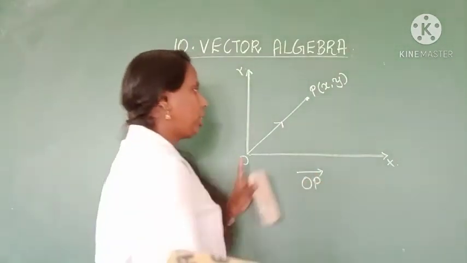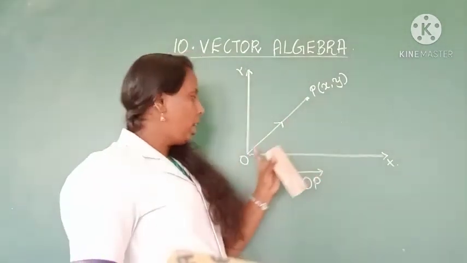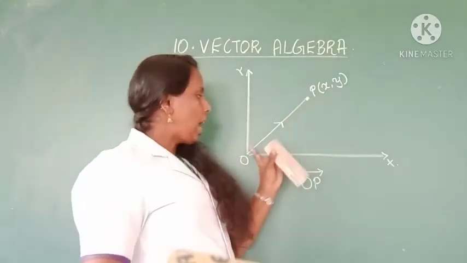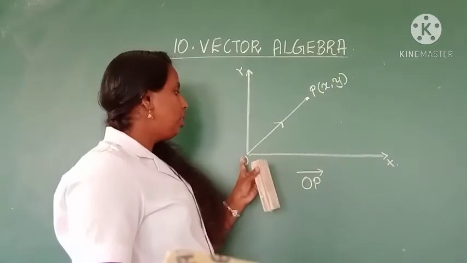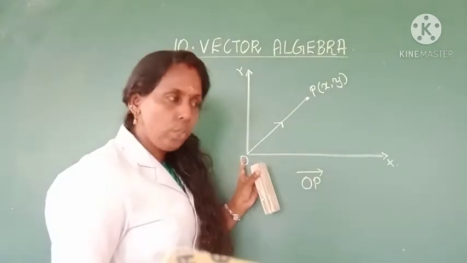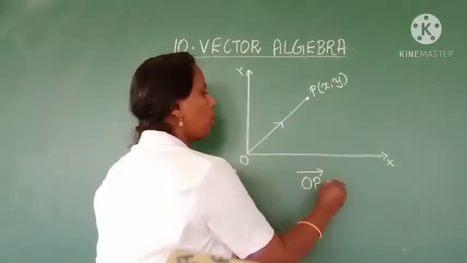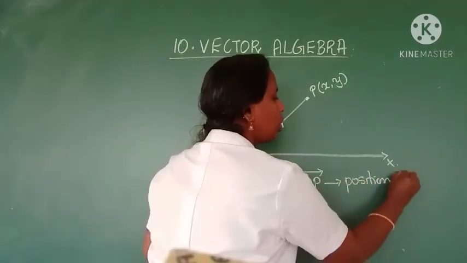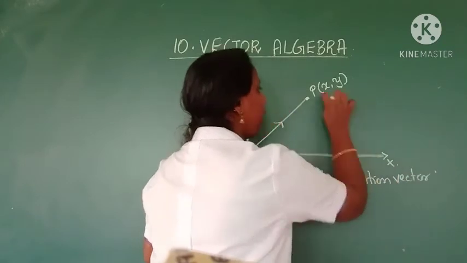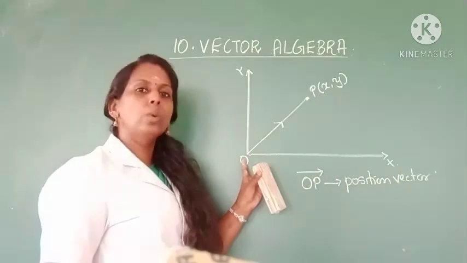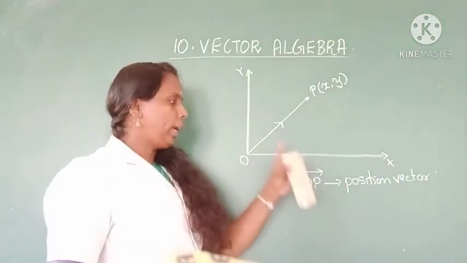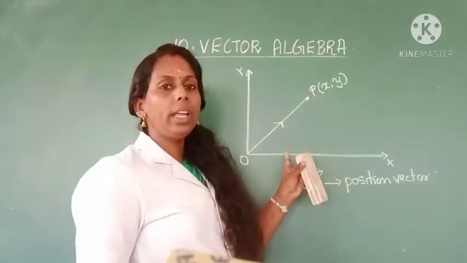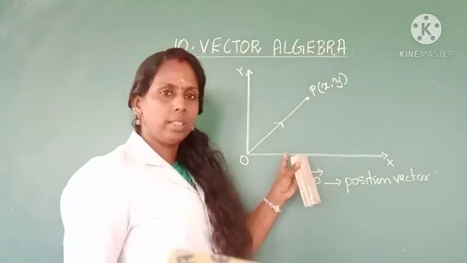Vector OP has initial point O and terminal point P. Since this vector has its initial point at the origin, this vector OP is called a position vector, the position vector of the point P with respect to O. Is that clear? Any vector starting from the origin is called a position vector.